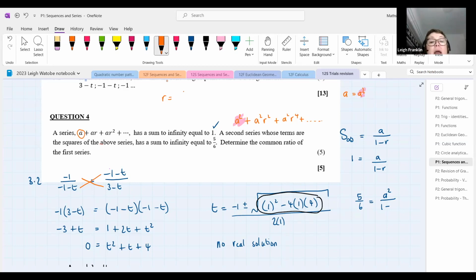So if we have a squared r squared and we divide that by a squared, r is now equal to r squared. So this is going to be r squared like so. Does that make sense to everybody? Everybody happy with that?